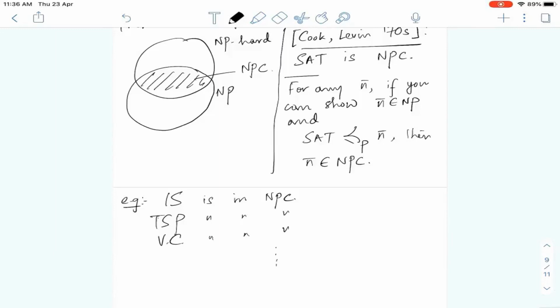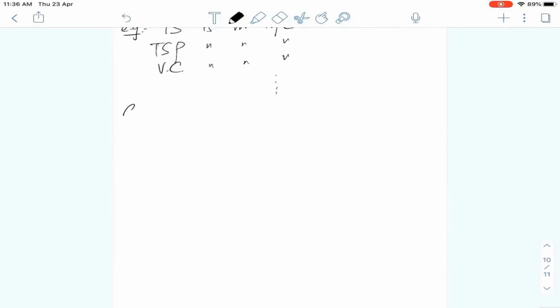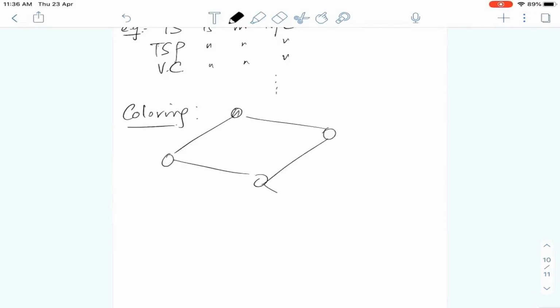Coloring of a graph in general is NP hard. So what is the coloring problem? The coloring problem asks the following question. Let's say you are given a graph, and now you have to assign colors to your vertices such that 2 endpoints of an edge should not receive the same color.